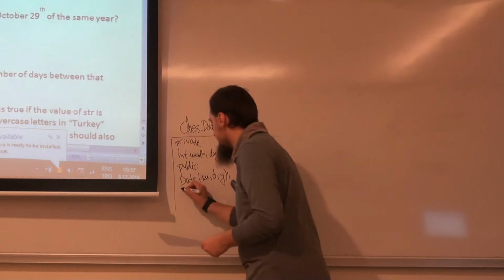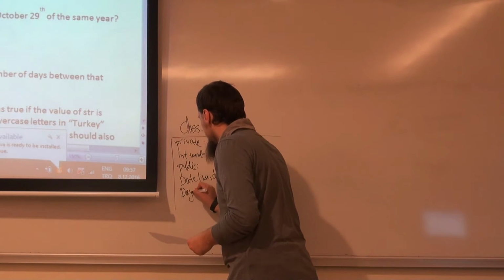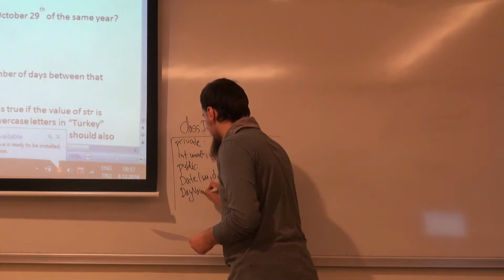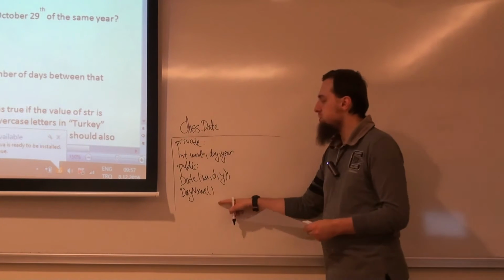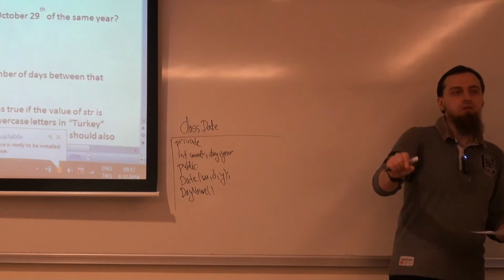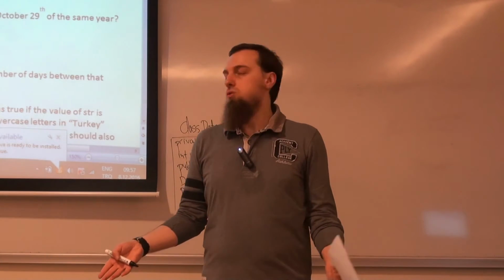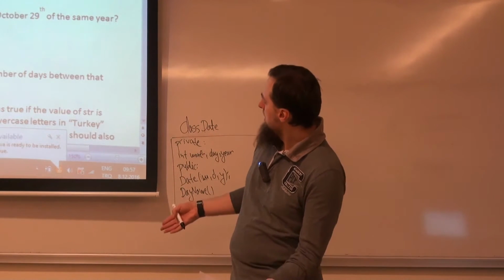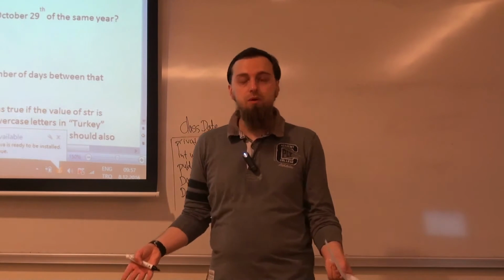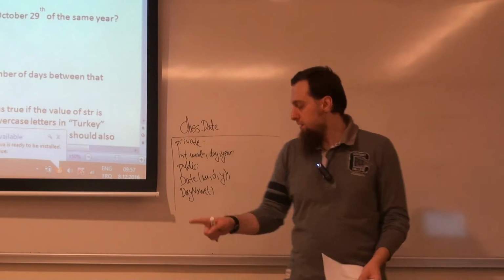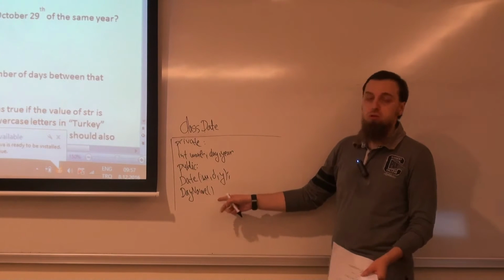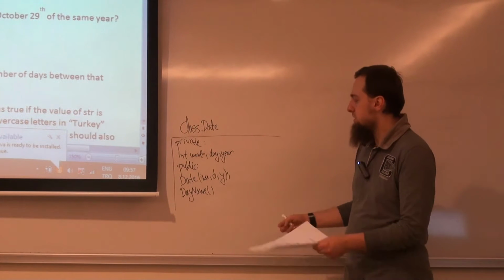What else do we have? Day name. This member function returns the name of the day of the date that we have given. Okay? So, today is the 8th of December 2016, and if we call the day name function, it's going to return Thursday, because today is Thursday.